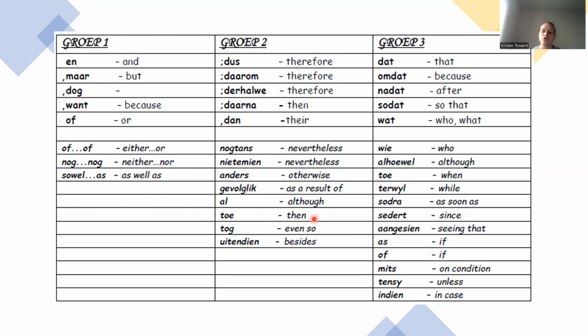So you have to have an understanding of your sentence in order to identify which toe that conjunction may be. Then group 3: dat, omdat, nadat, sodat, wat. Wie, al, hoewel, toe, terwyl, sodra, sedert, aangesien, as, of, mits, tensy, indien.